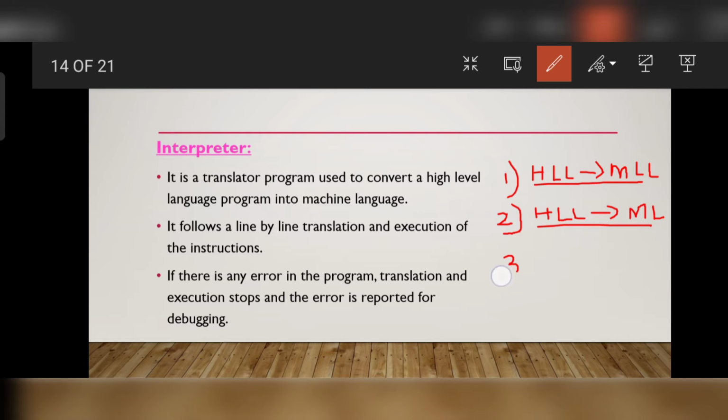Whenever we enter the third line in high-level language, again the interpreter will translate it into machine-level language instruction, which is understandable by the computer. Then the computer will execute this instruction and we will get the output. The computer will add these 2 numbers and provide the result.